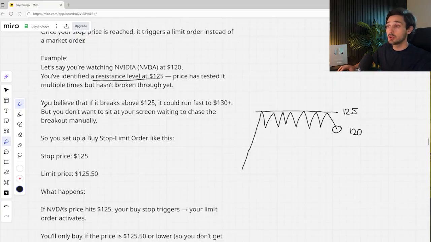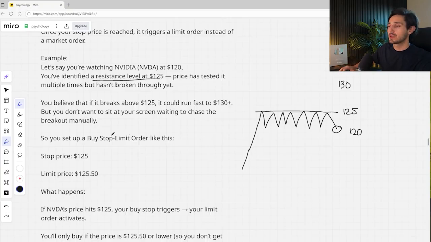You strongly believe that if it breaks over 125, it could rally quickly to 130. So let's say this is your target at 130. You're confident that if prices break 125 and it breaks out of this resistance area, it could easily go to 130. Great.